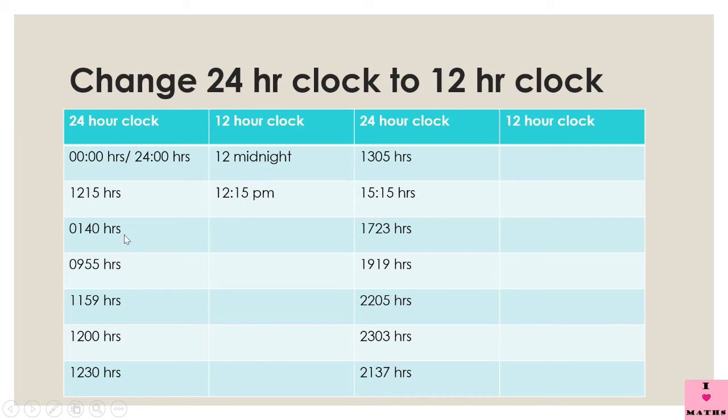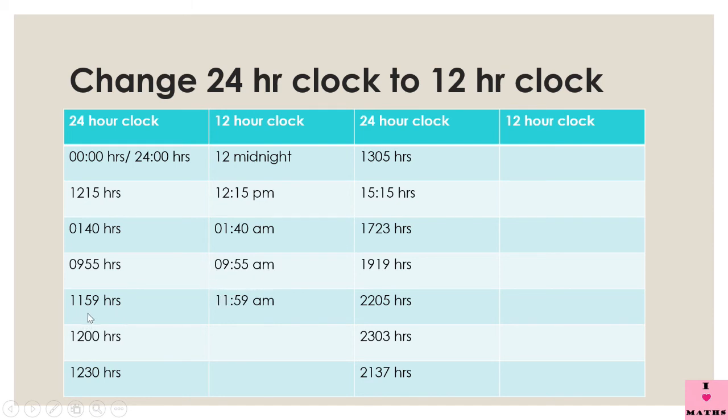So when we convert this time, the answer would be 1:40 AM. 0955 hours. This shows that 9 hours and 55 minutes have passed since the day has started. So when we change this into 12-hour clock, the time would be 9:55 AM.